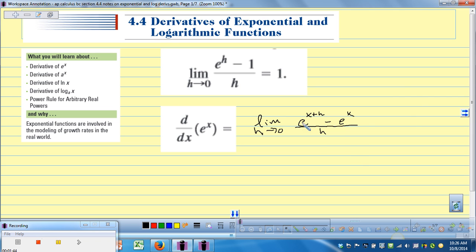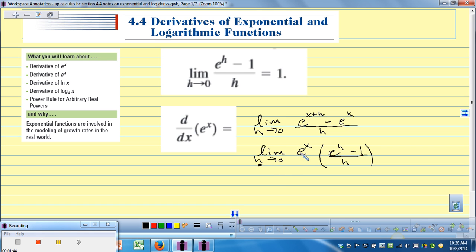And then what can I factor out of the top two terms? What can I factor out? e to the x. So we have the limit as h approaches 0 of e to the x, and what am I left with? e to the h minus 1 over h. Now our variable that we're working with here is what we have underneath our limit.